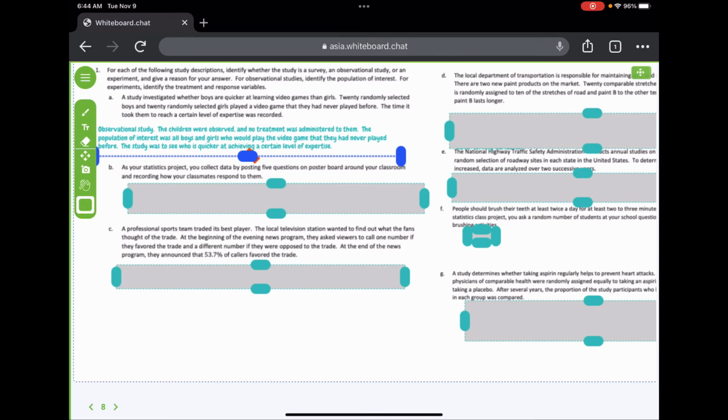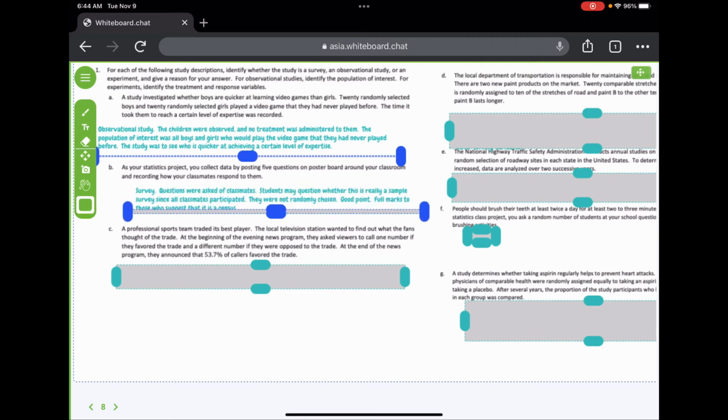All right, B says, as your statistics project, you collect data by posting 5 questions on poster boards around the classroom and recording how your classmates respond to them. Well, that's going to be a survey, right? You're just asking questions. Questions were asked of classmates. Students may question whether this is really a sample survey since all classmates participated.